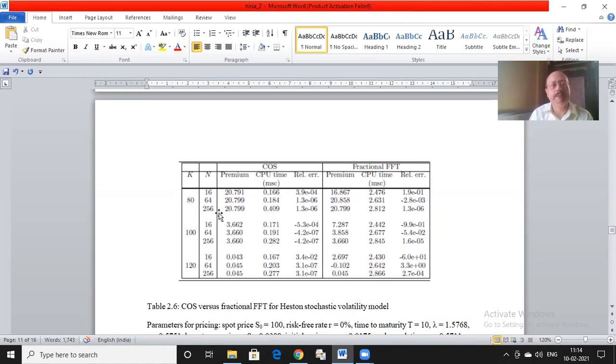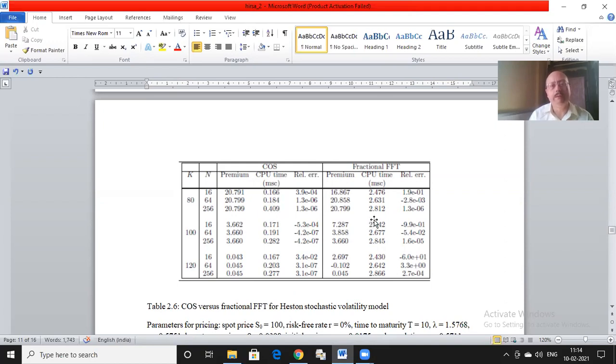So for 80 strike price, if I use only n equal to 16, what n I choose also matters, because that will of course increase the number of terms in my summation. So computing time will go up. From 16 to 64 to 256, the CPU time in milliseconds is given by 166, 184, and 0.409. So this is the time comparison for the cosine method.